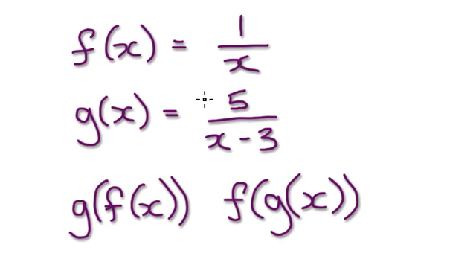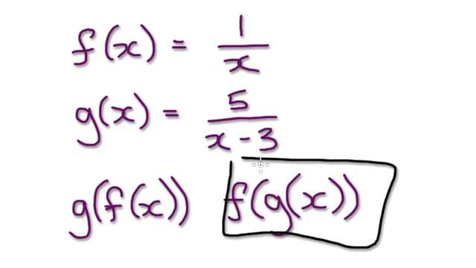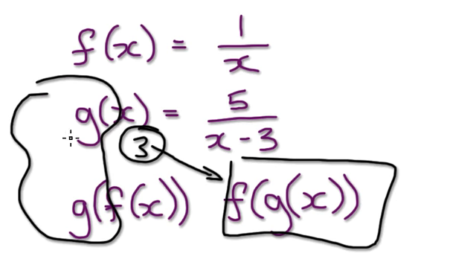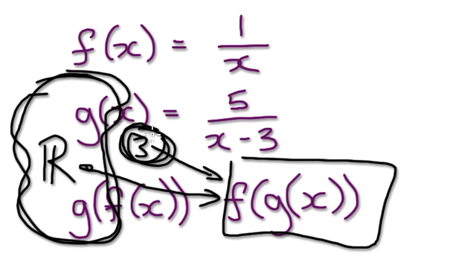So you can have anything on the real number line. So basically, when you start to combine the two functions here, the only thing that will break down is when you put the number 3 into here. Apart from that, everything else works. So you can have your domain here. This is your real, anything on the real number line. You can put anything into here and it will work. But 3 is not in your domain. Okay, 3 is on the outside.